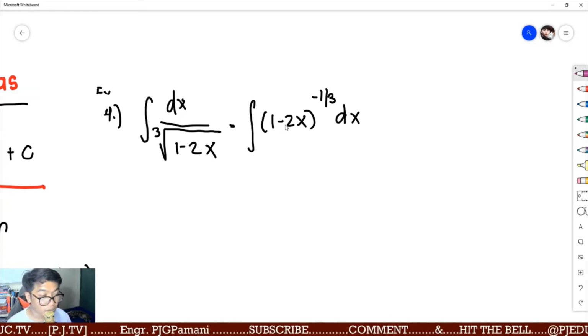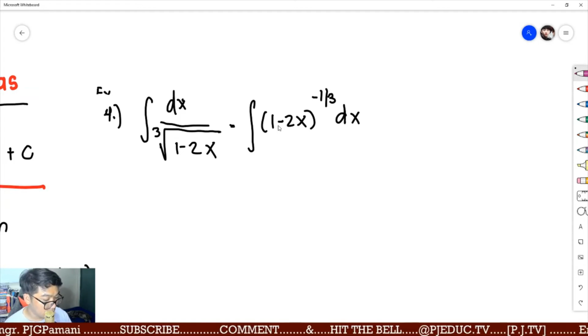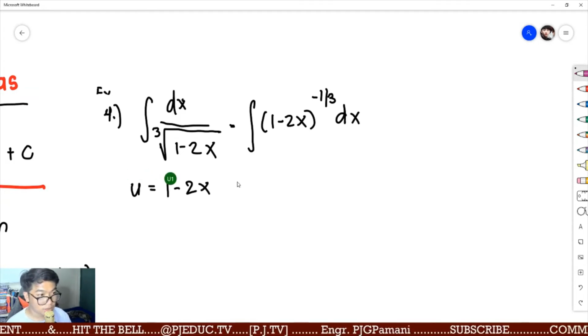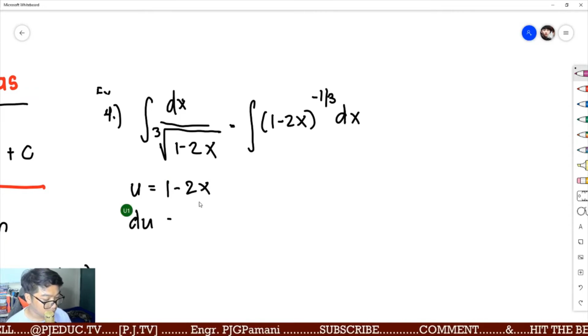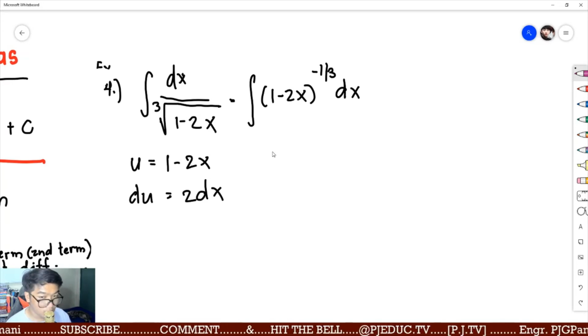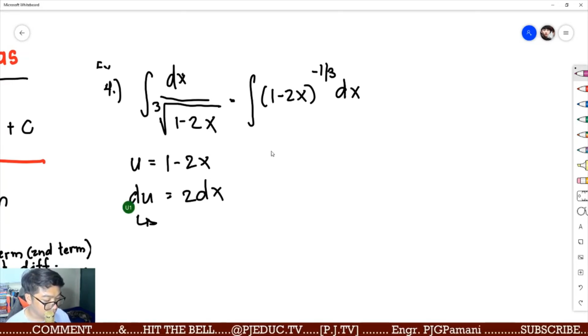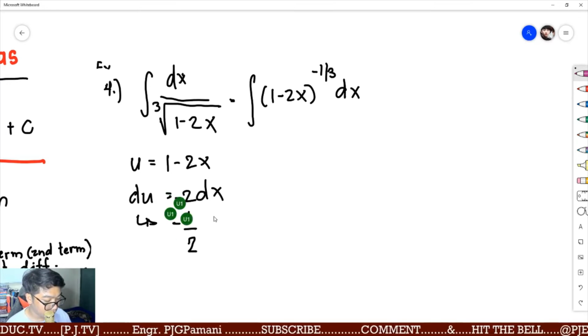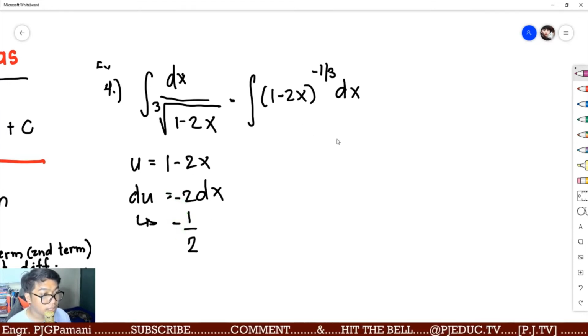But take note of our integrand. U is 1 minus 2x. Differentiating that gives us negative 2 dx. To equate the system, we need to introduce a correcting factor equal to negative 1/2 to cancel out that negative 2 dx.